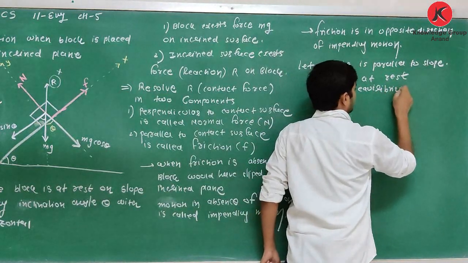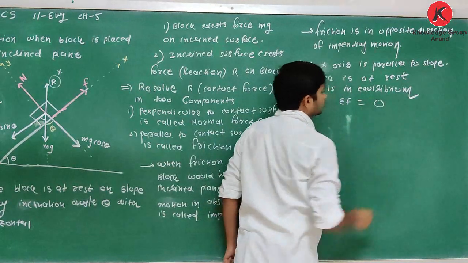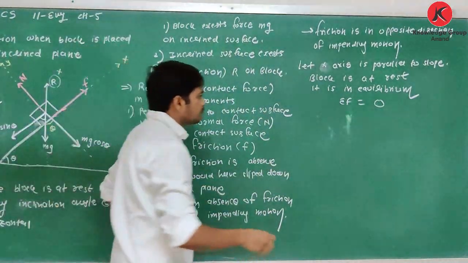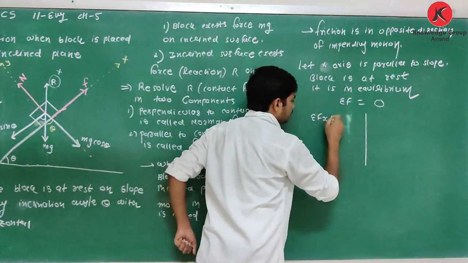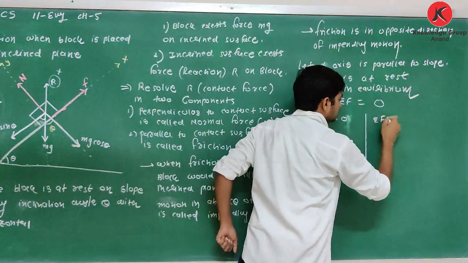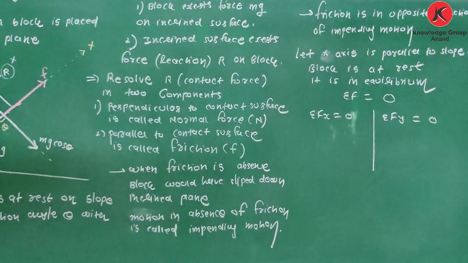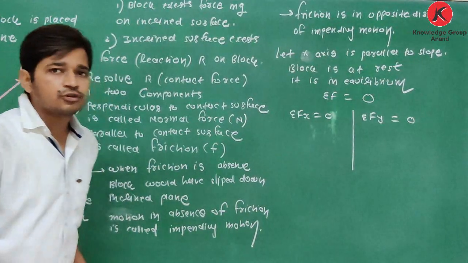Equilibrium means sigma f is equal to 0. And if you remember, sigma f is equal to 0 means sigma fx is equal to 0 and sigma fy is equal to 0. Clear about this?